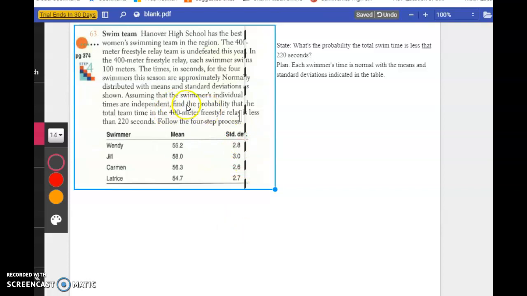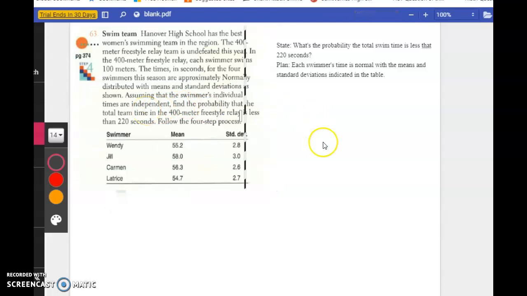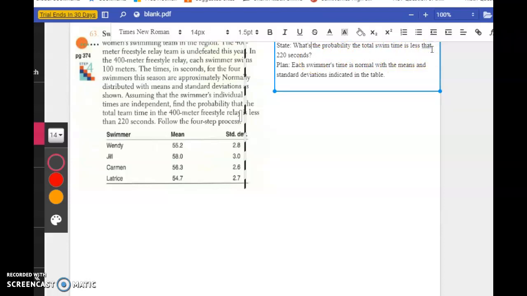They're independent and normal, and we want to know what's the probability that the total swim time is less than 220 seconds. So the state is just, what's the question asking? It's asking, what's the probability that this swim team's relay time is less than 220 seconds?